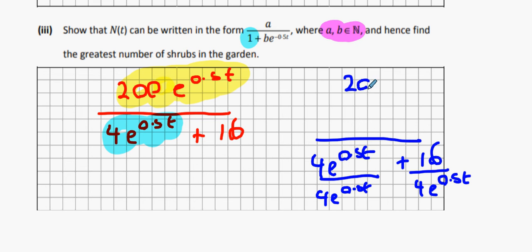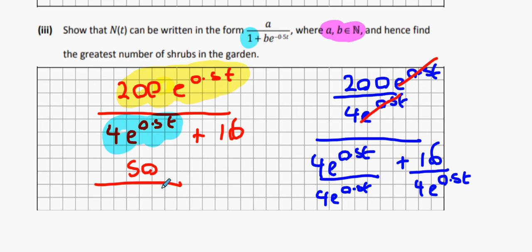Okay? And see the way I'm dividing everything by that number? Okay? Everybody ready? Now what happens? Cancel, cancel. 200 divided by 4? 50. Okay?